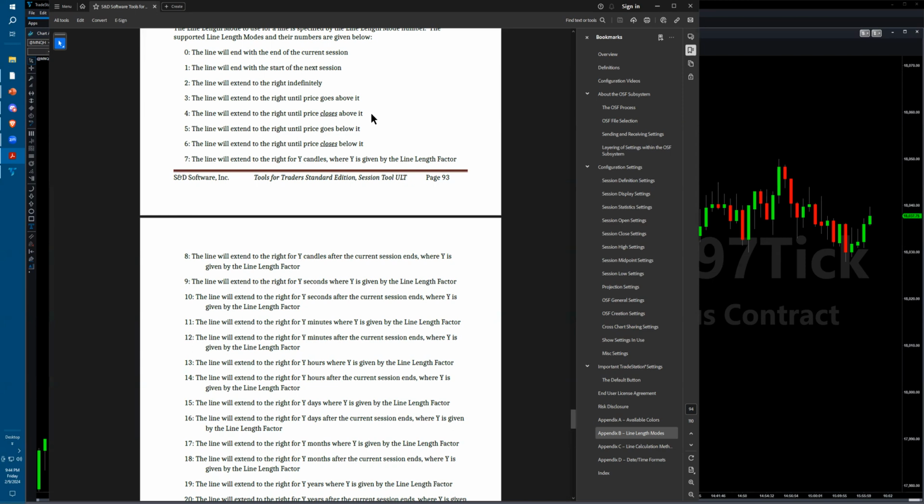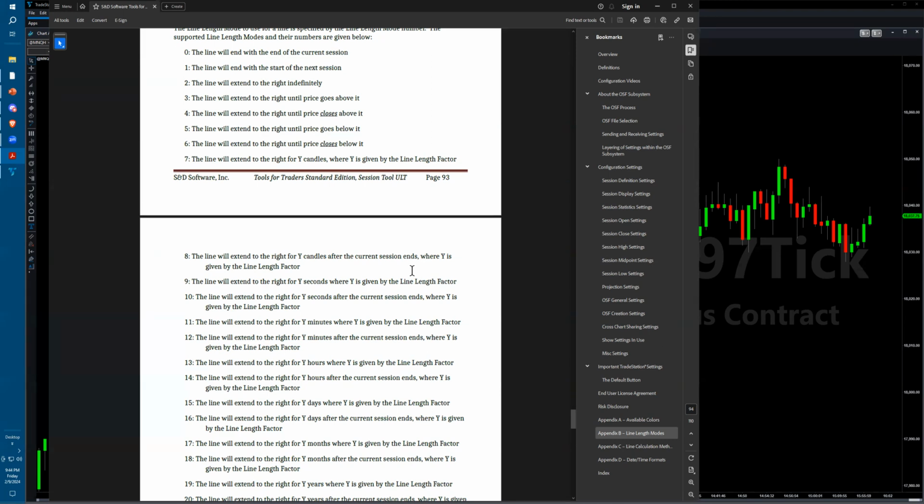And of course, since we're looking at things closing above lines, we'll also be looking at things closing below lines. And that's what the next two methods do. Here you can see on method number 7, we're talking about having the line extend for a certain number of candles. And there's a whole bunch of different combinations of these things.